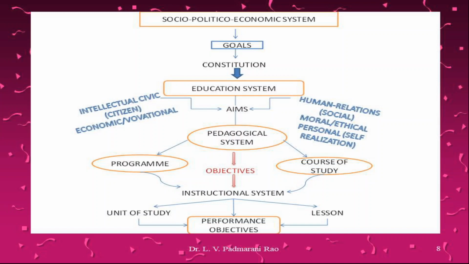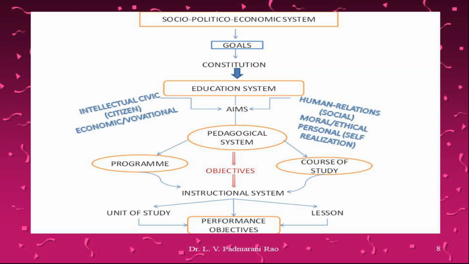Did you understand? So all these are interrelated, and once the performance objectives are achieved for each lesson or each unit, on the administration of the entire course along with the program, automatically we realize the goals of the socio-political economic system of the country. So this is a cyclical fashion which starts with goals, goes to aims, then objectives, and then performance objectives.